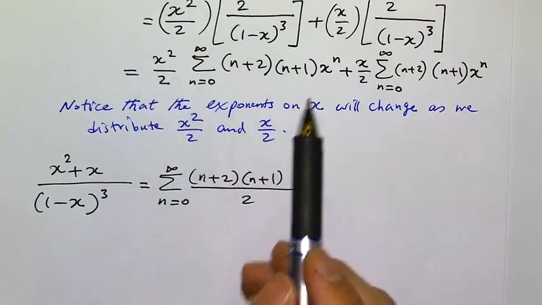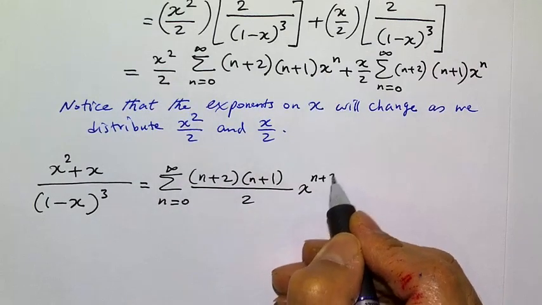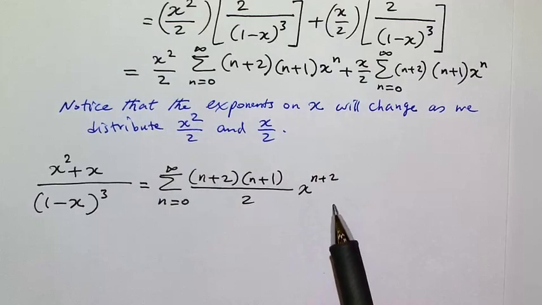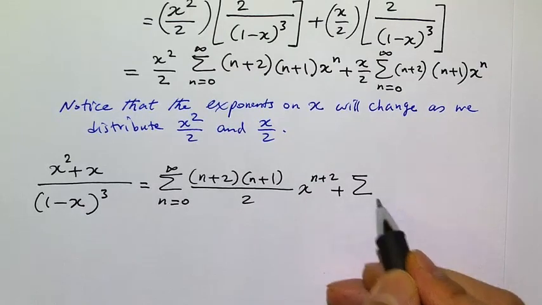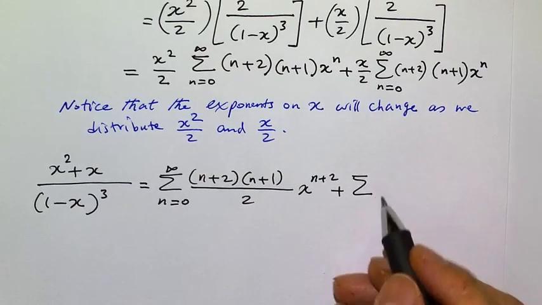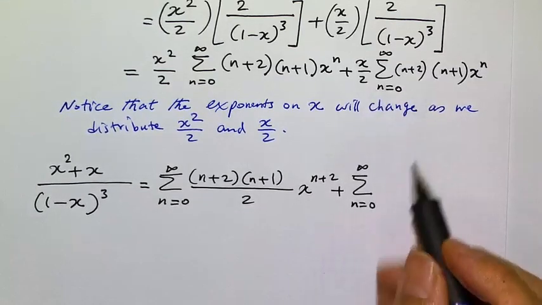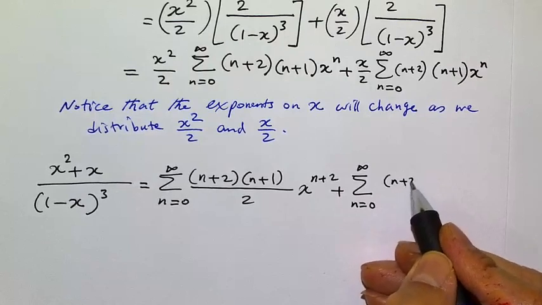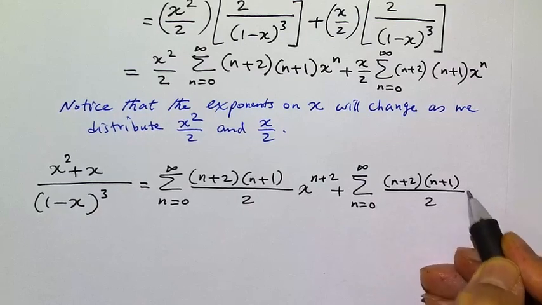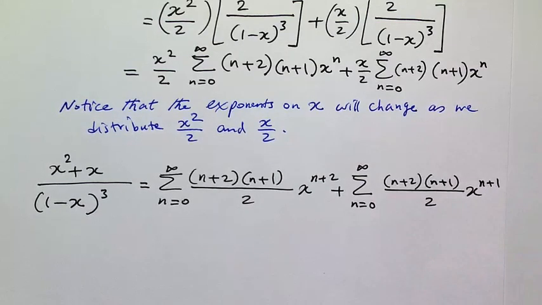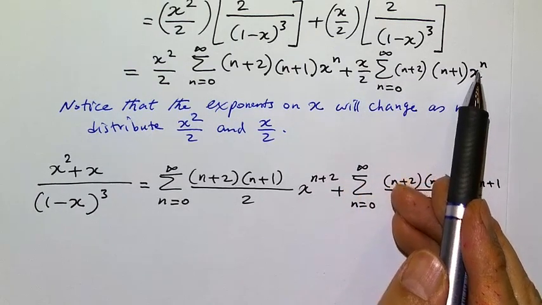So I put this 2 underneath that, and then x squared times x to the n power, plus that, and then again n plus 2 times n plus 1 over 2 times x to the n plus 1 power. Okay, and that's distributing the x to the n power. We get that.